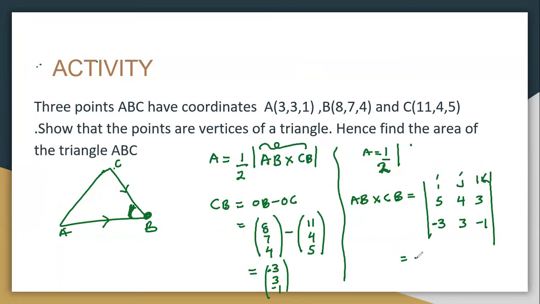Give me the summary, for this I, this J, K. Let me first sum up. It is negative 13I plus 14J plus 3K.